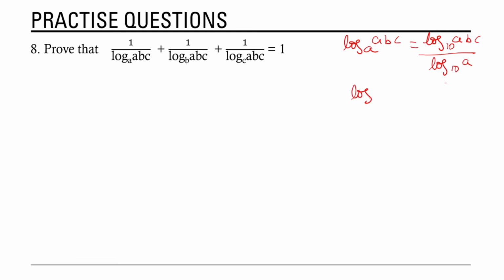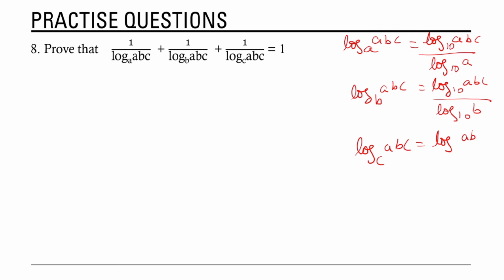Next term in the denominator is log ABC to the base B, which is equal to log ABC to the base 10 divided by log B to the base 10. Next term is log ABC to the base C, which is equal to log ABC to the base 10 divided by log C to the base 10.